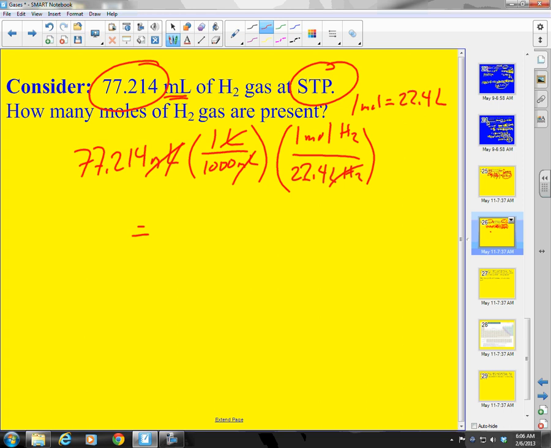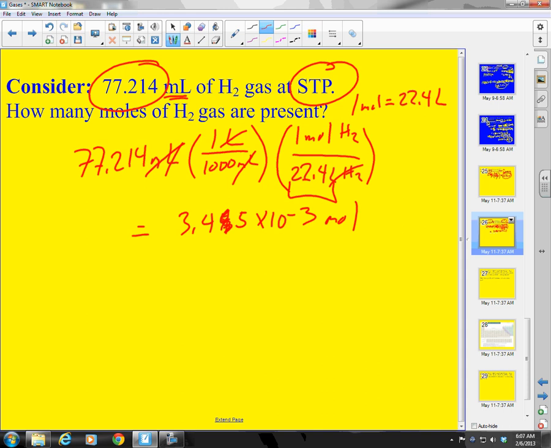I didn't have to multiply by 1, did I? 3.44. How many sig figs? I only have 3 sig figs here, so I can only use 3 sig figs. So 3.45 times 10 to the minus third moles. Let's check that out again. Make sure I didn't make a mistake.